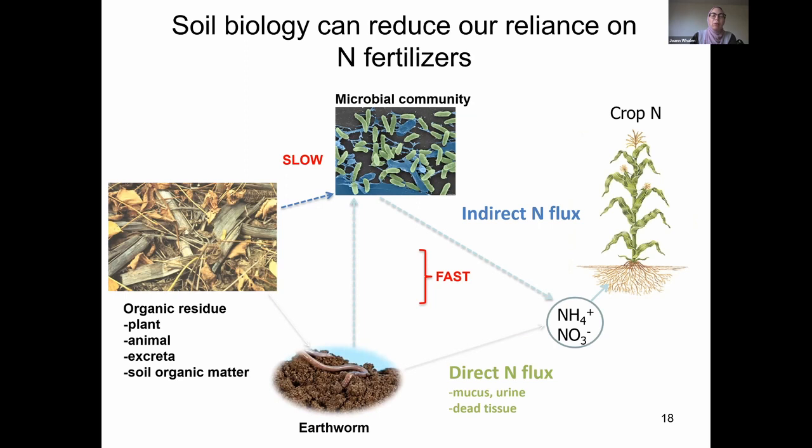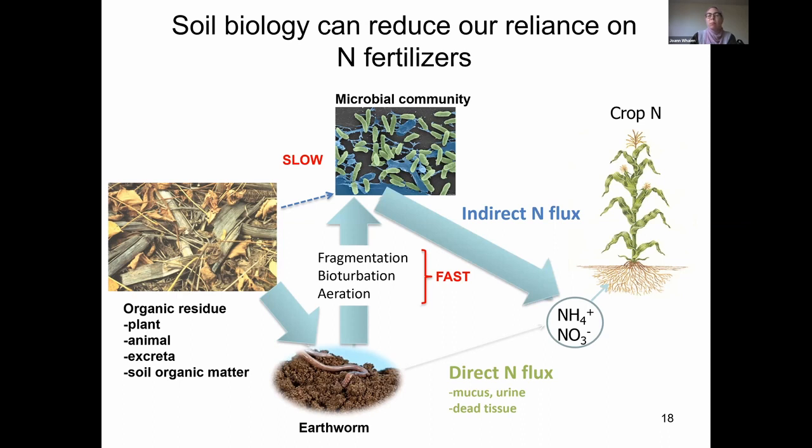We look in my research group at things like the transfer of organic residues through soil fauna like earthworms that are responsible for fragmenting those materials and passing them over to the microbial community, which provides some nitrogen that can go to crops. If we can understand the supply of nutrients that occurs naturally, we hope that we can be a little better at modifying and adjusting and calibrating our fertilizer applications to try to control and reduce the N2O emissions from soil. So that's our goal.